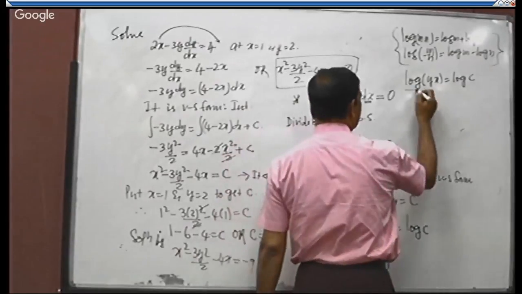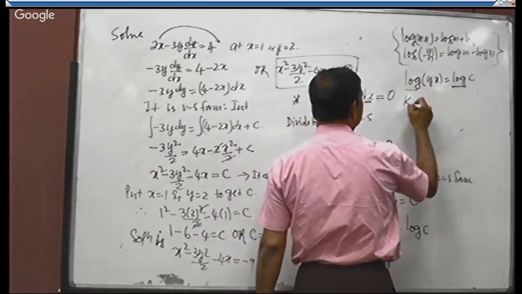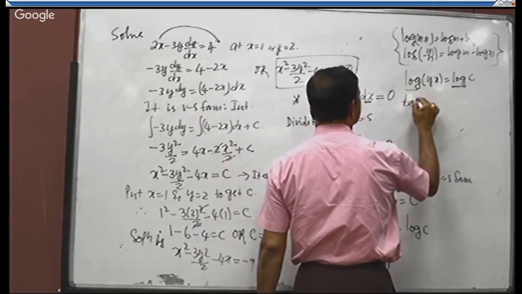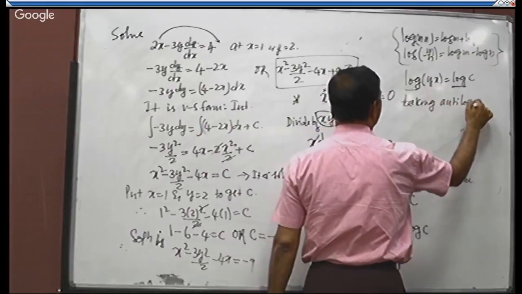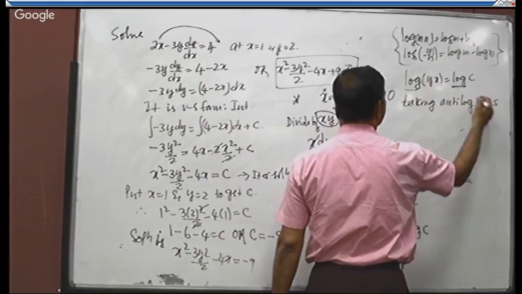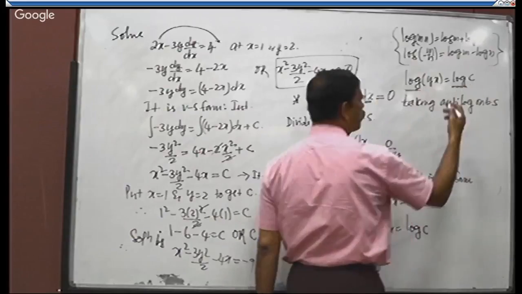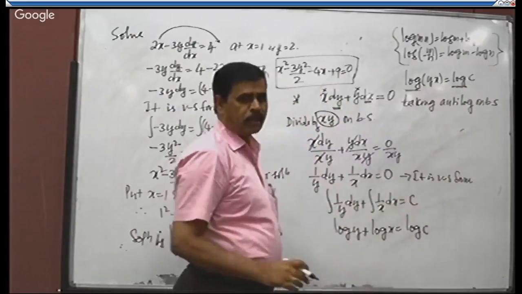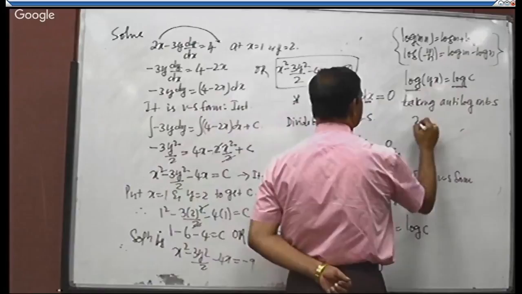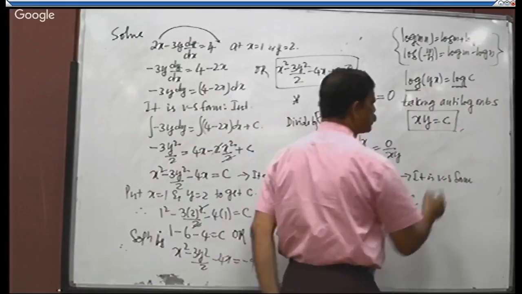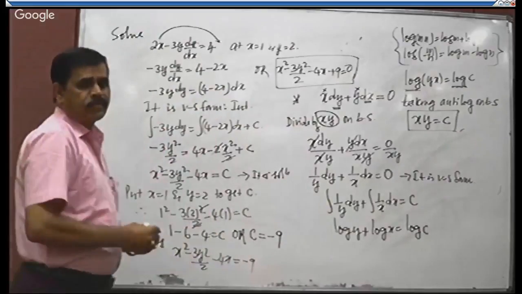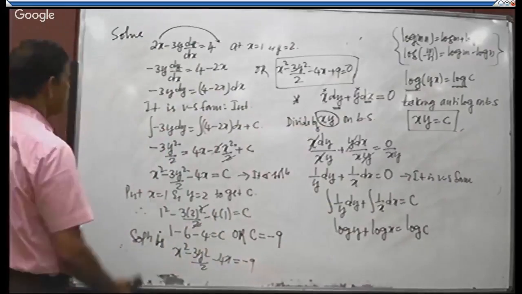Now taking anti-log on both sides, this log and this log vanish. The only thing left is x into y is equal to C. This is the solution of the differential equation.